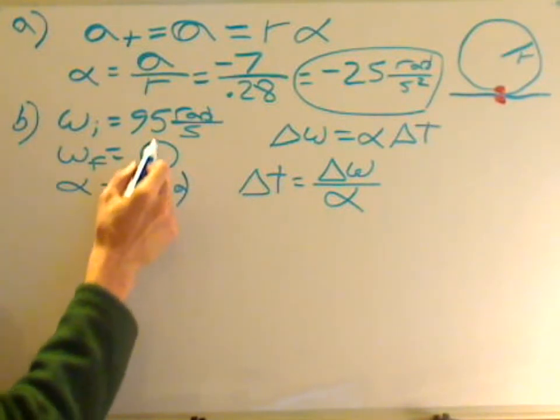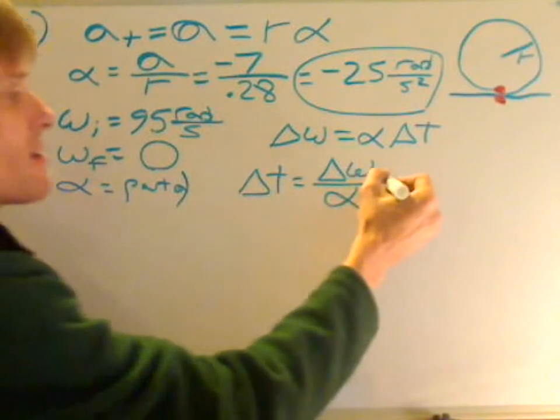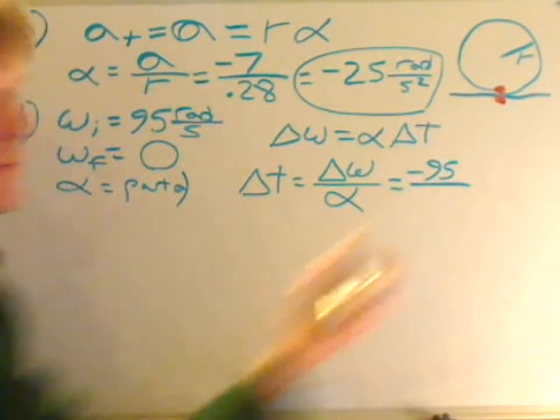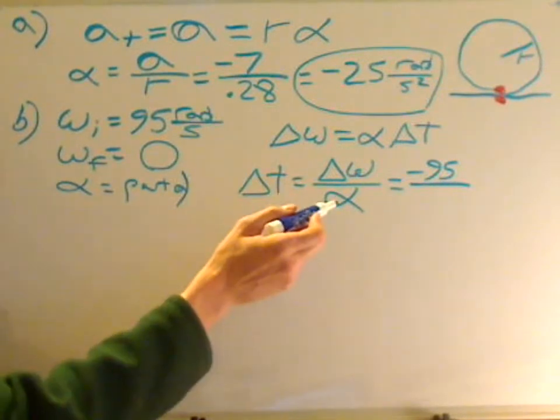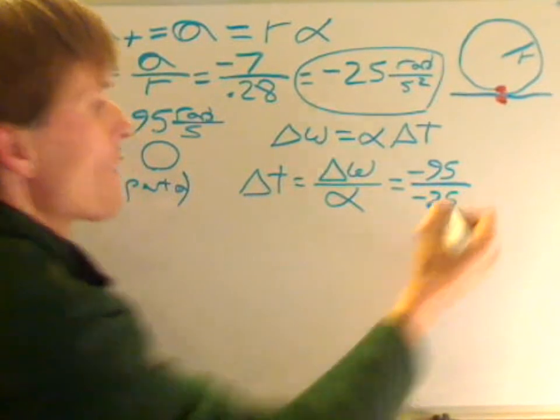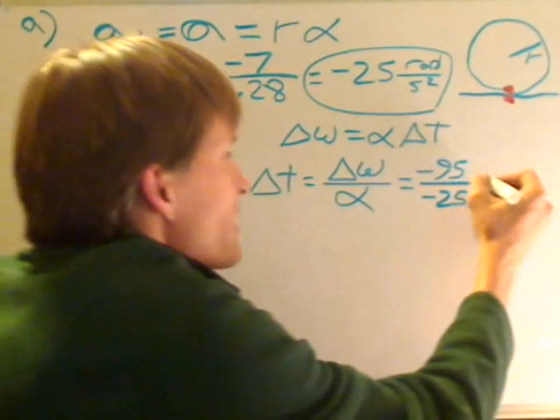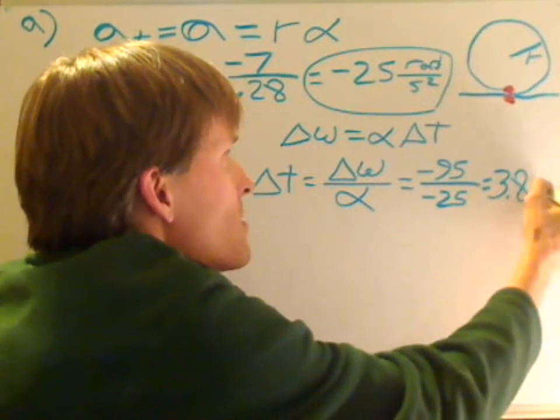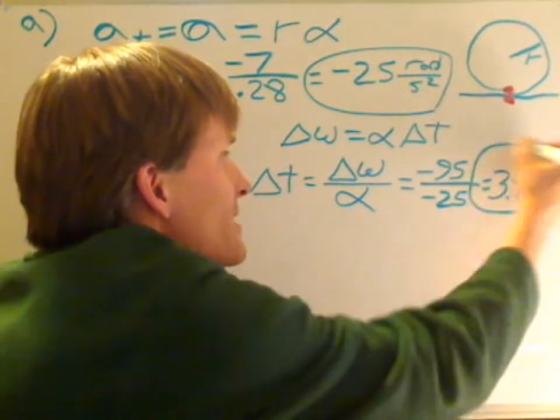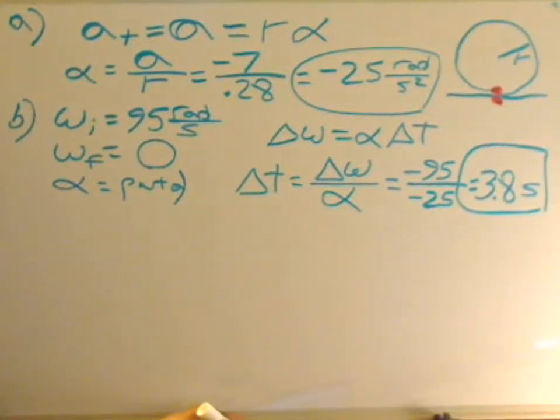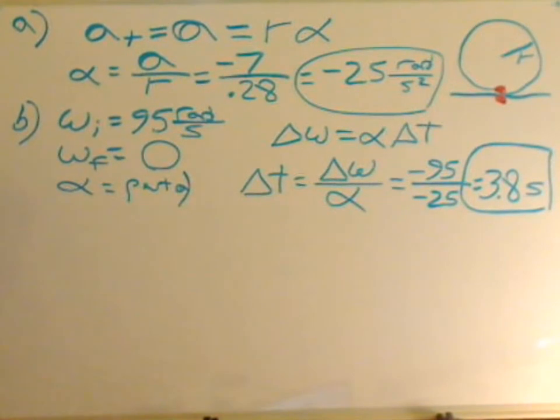So 0 minus 95 gives us -95 here. The angular acceleration is -25. So you do that calculation and you get the answer 3.8 seconds. Okay, so that's the time it takes to slow down.